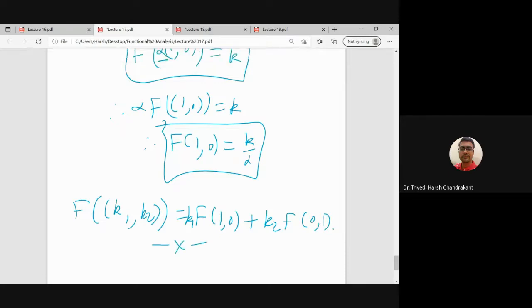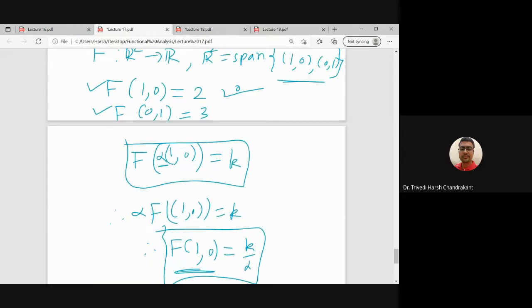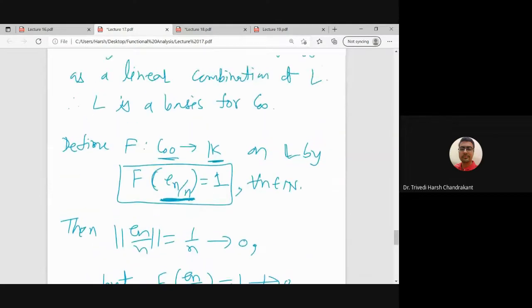So to define the linear function, it is enough to define the function on the basis element. Once we know it on the basis element, we can define it on the whole domain. And to define it on the basis element, it is enough to define the function on a scalar times basis element. And that is what we are doing here. We are defining it on 1 upon n times En. So we have defined the linear function.